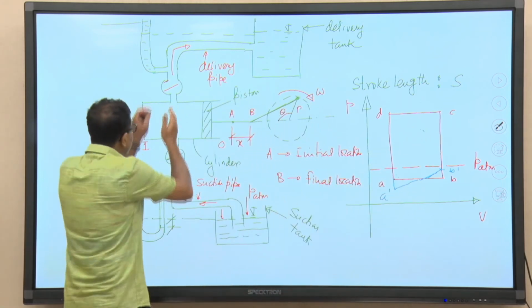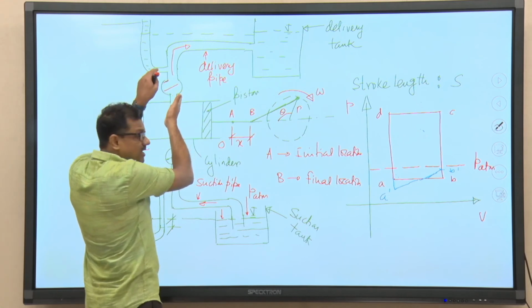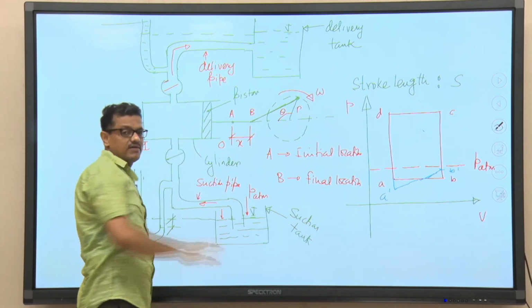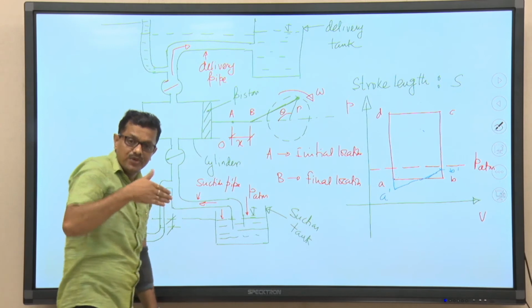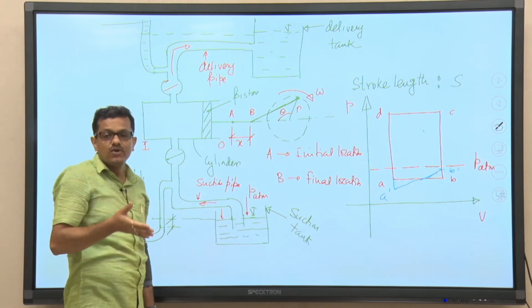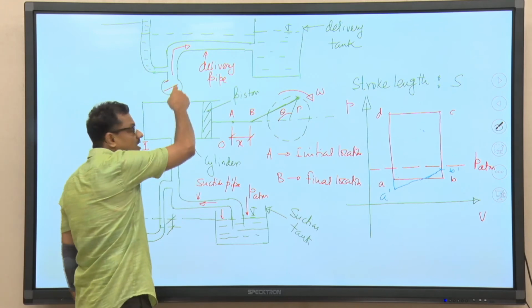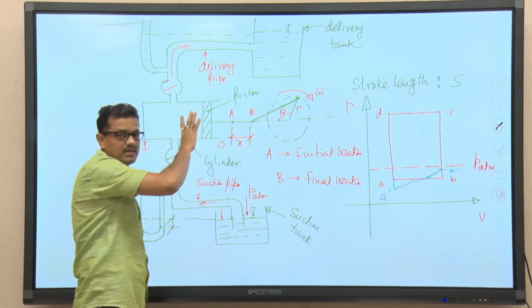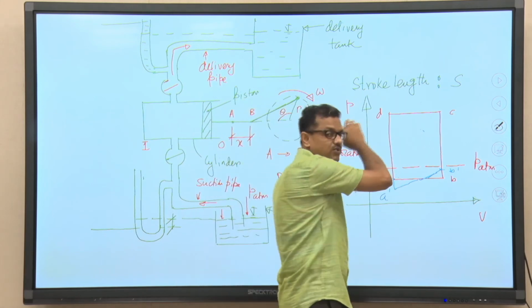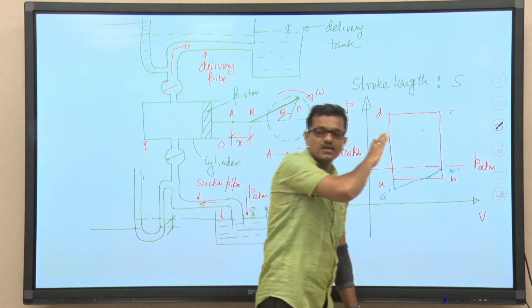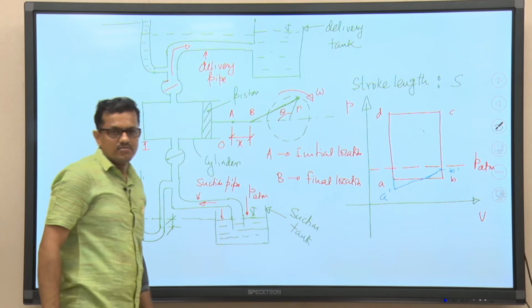Now, when the force applied at the delivery valve goes beyond the threshold value required to lift it off, the liquid will start flowing from the cylinder into the delivery tank and the pressure will reduce gradually. That is what we discussed.